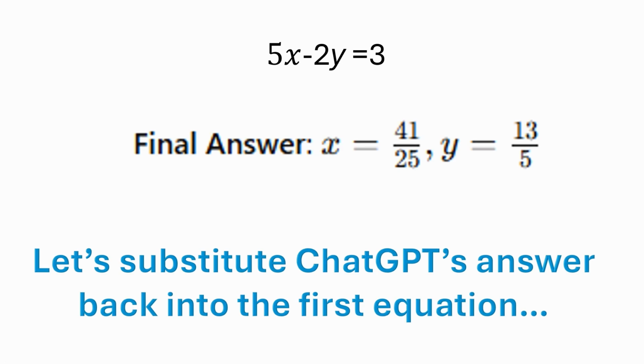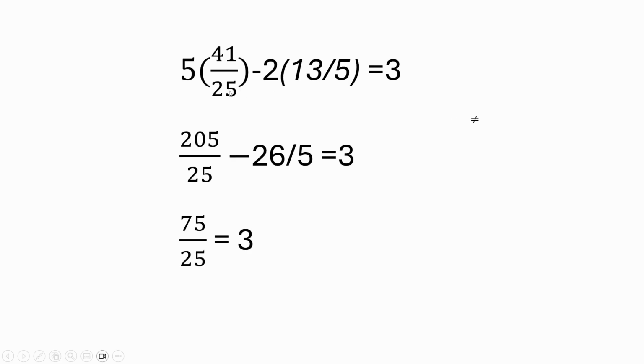Because if you look back at the original equation, 5x minus 2y equals 3, we substitute the 41/25 and the 13/5. Well, if we go through and do that, 41 times 5 is 205. 205 divided by 25, or 205/25. And then here we have minus 26/5, right?